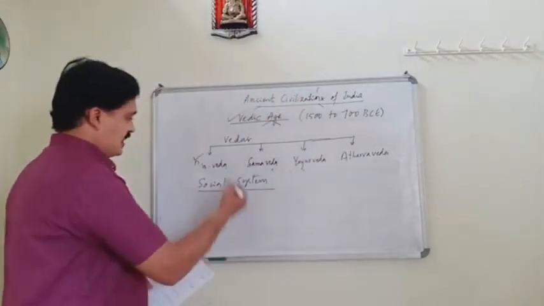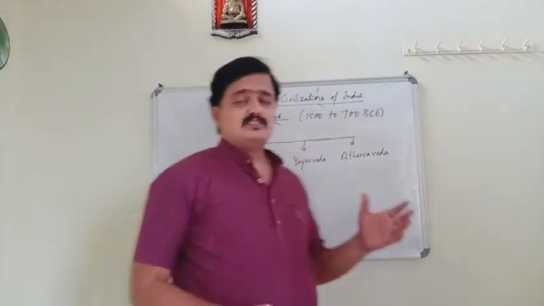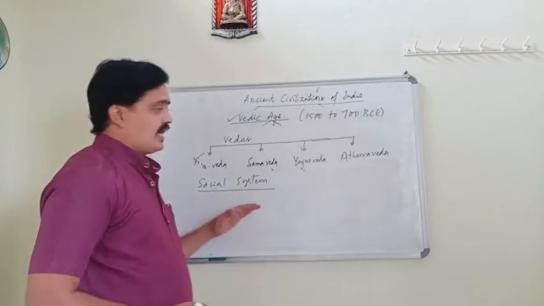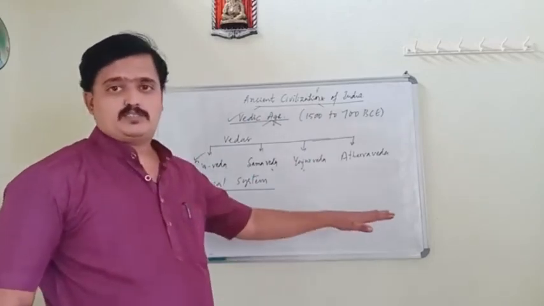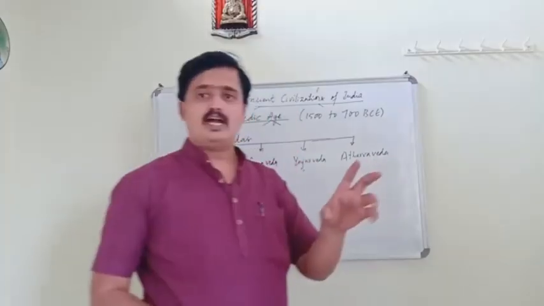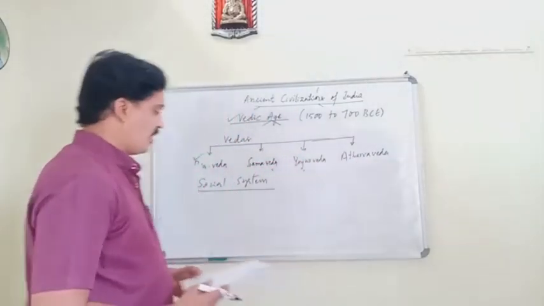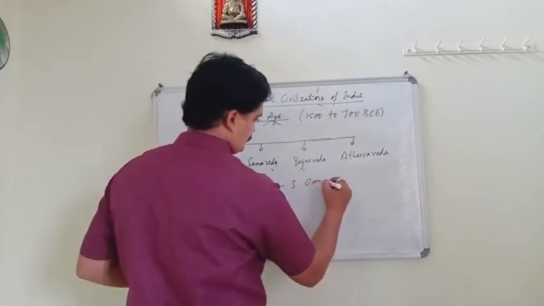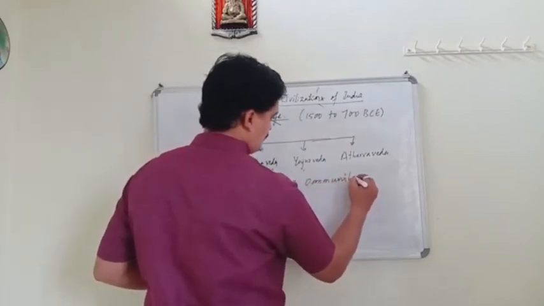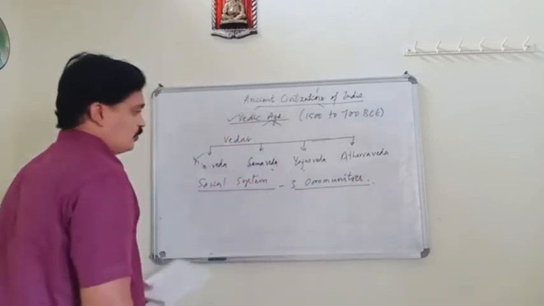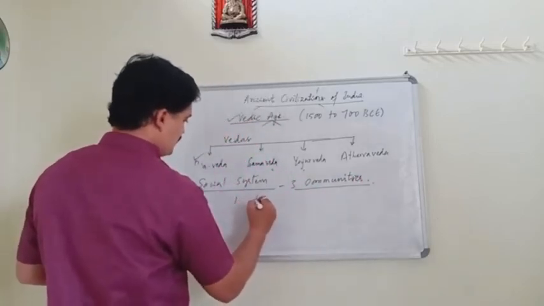Okay. See, when the Aryans came here, they had three communities. When the Aryans entered here, they had three communities among them here. So which were those?